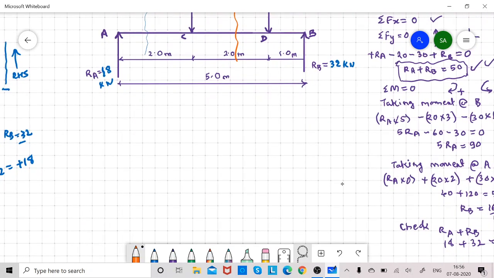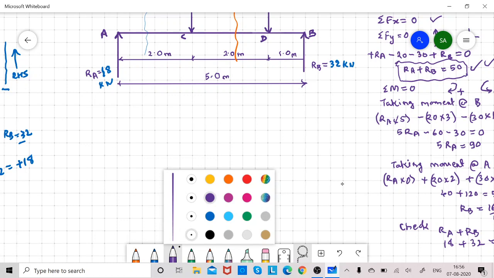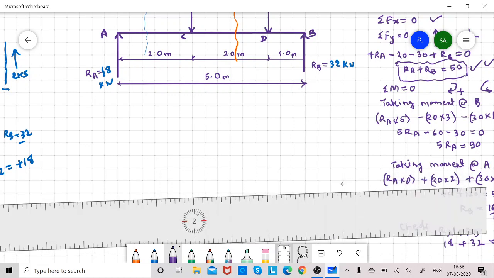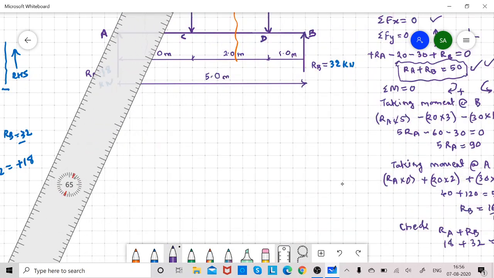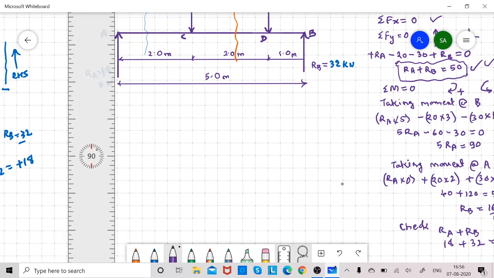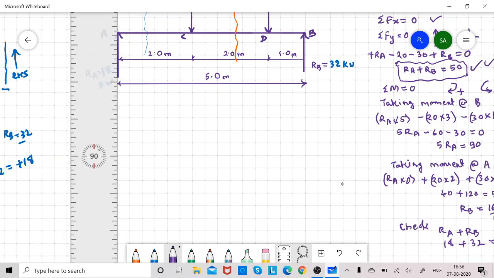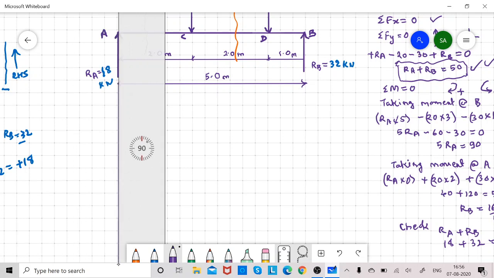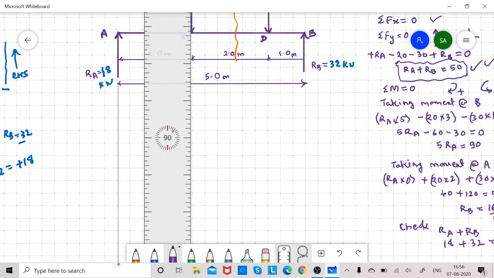To draw the shear force diagram, what I will do, I will project these lines. Lines of what? Lines of reaction and the load, like this. Just project these lines wherever a load is acting or reaction is acting.